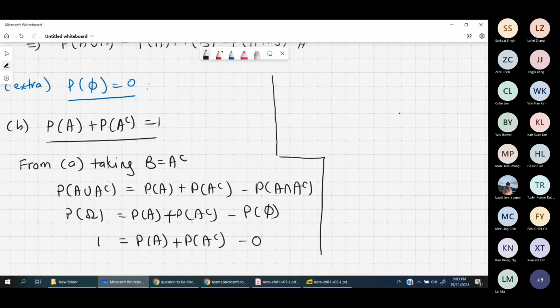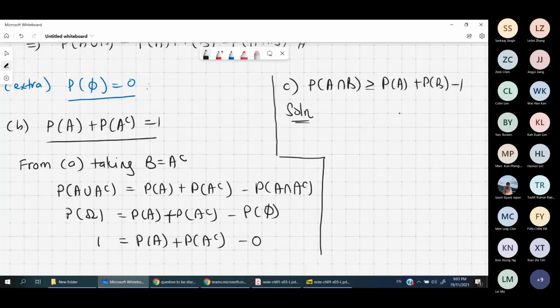Okay, so we use back the same formula. Part C: P(A and B) is greater than or equal to P(A) plus P(B) minus 1.